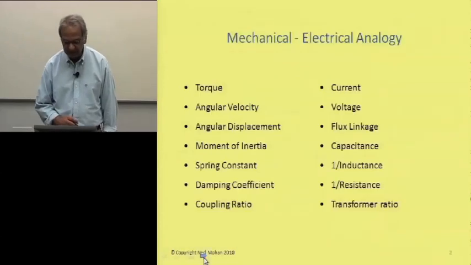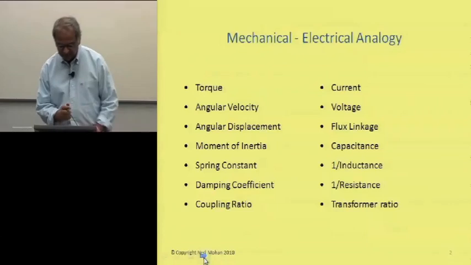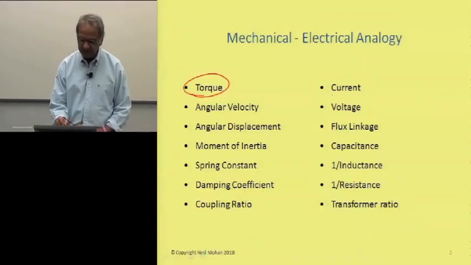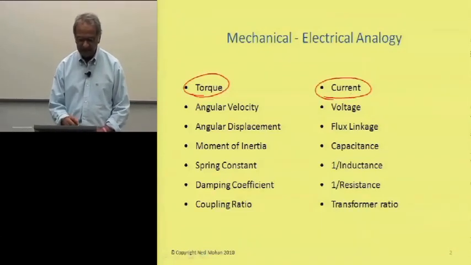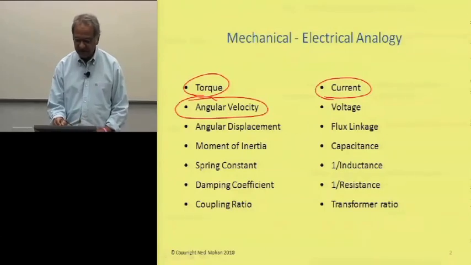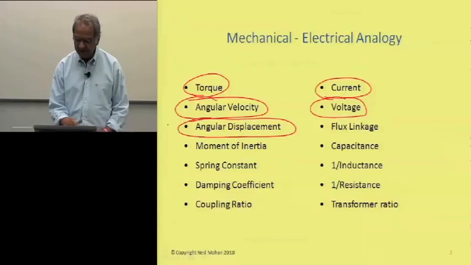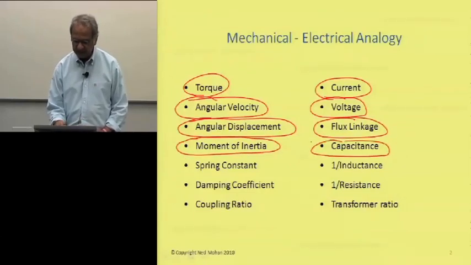So let's start with this analogy: torque can be represented by a current in the electrical circuit. Angular velocity or speed can be represented by voltage, angular displacement theta by flux linkage, and moment of inertia by capacitance.